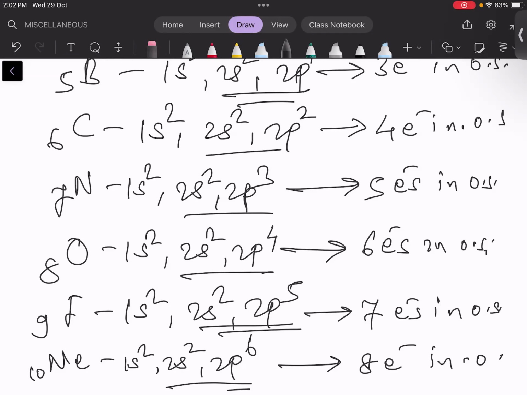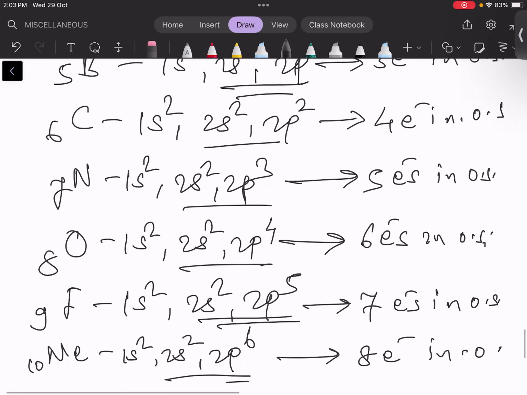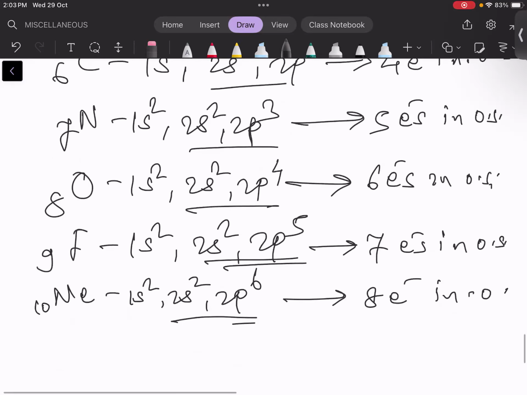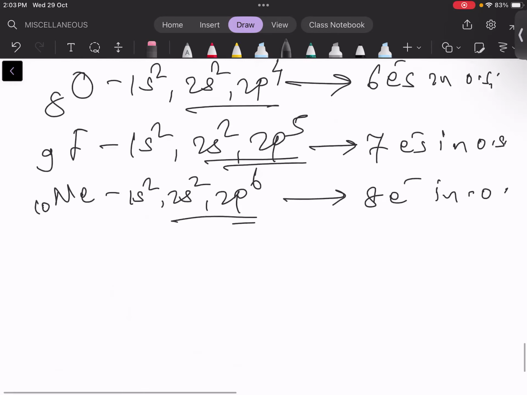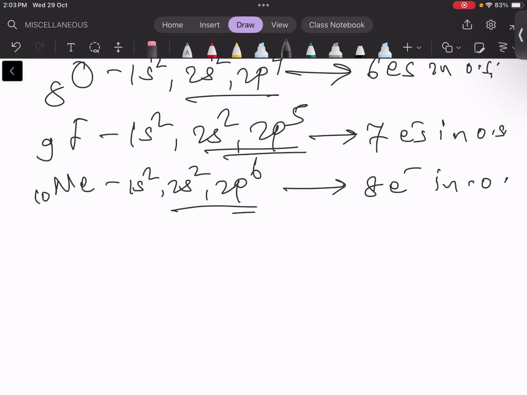One is called sigma bond and the second one is called pi bond. So depending upon the extent and type of overlapping, the covalent bond may be of 2 types: sigma bond and pi bond.